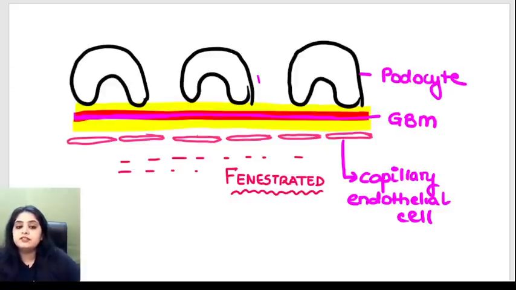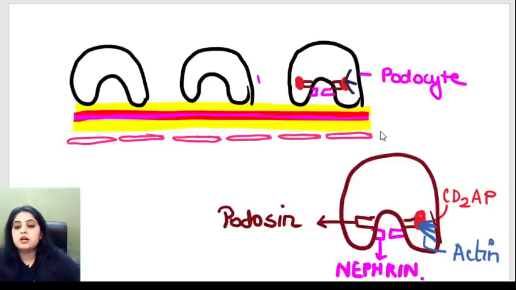Then what do I have next? The next one, that is on the outer aspect. On the outer aspect, you have these podocytes. I'm just going to zoom into one of the podocytes. Podocyte further has many different proteins. So if this is a podocyte, projecting outside the cell is something known as nephrin. Nephrin is something that is projecting outside. Then protruding inside is podocin.